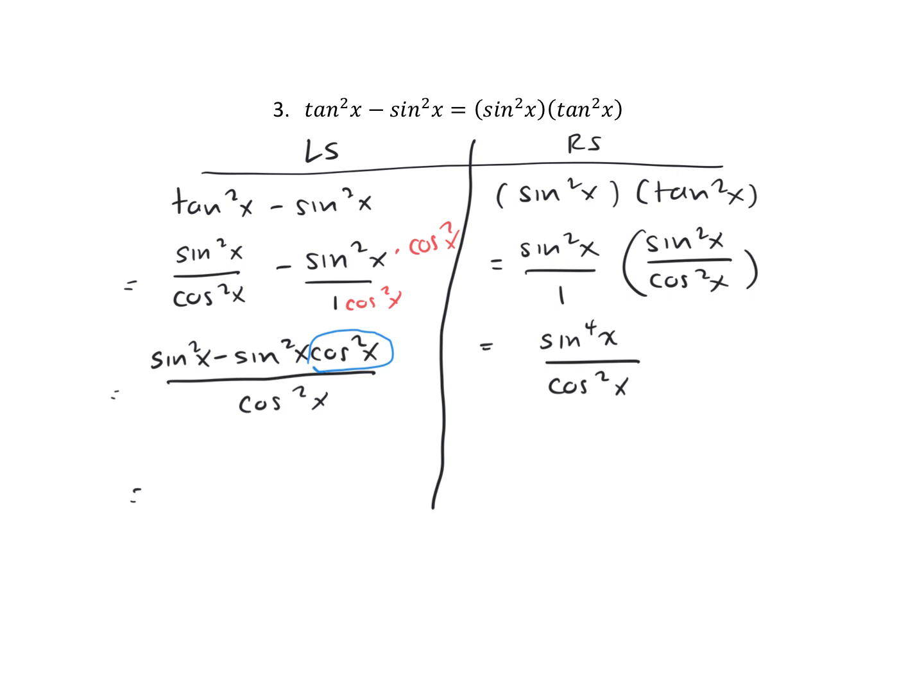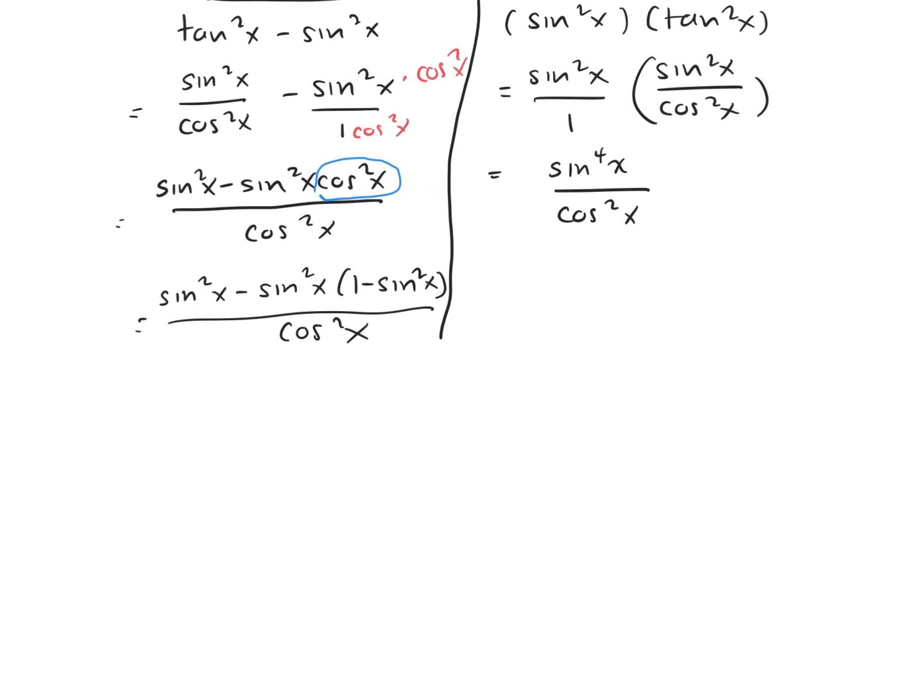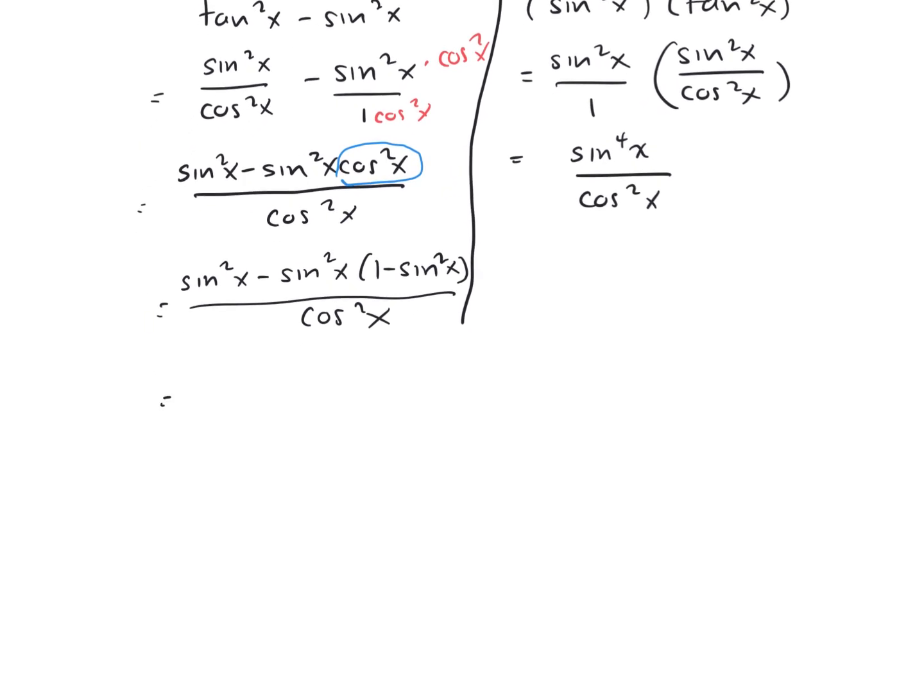So I don't want this cos squared, so I'm going to replace it. I want to get rid of things I don't want. Remember, you have to have a reason for changing something. So 1 minus cos squared equals sine squared, and 1 minus sine squared equals cos squared. So I'm going to replace that, and then expand these brackets.